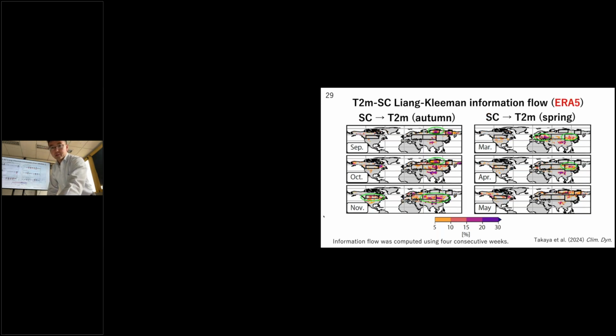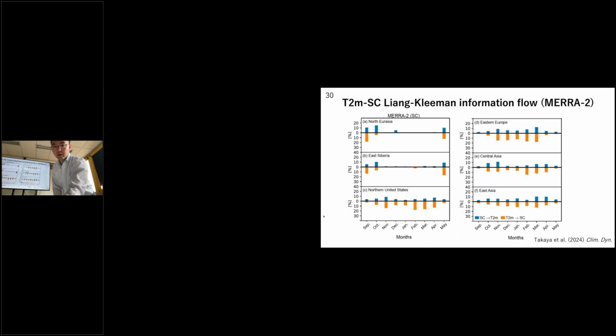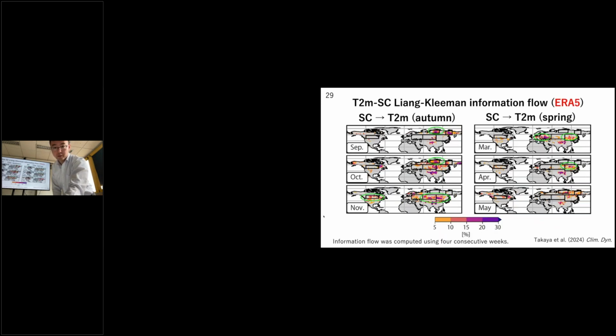So these results indicate that we can benefit in subseasonal prediction skill because of the snow conditions in the initial conditions. If we have more realistic analysis of initial conditions, we could gain some skill. By the way, this is a result from ERA5 again. In general, results are consistent.